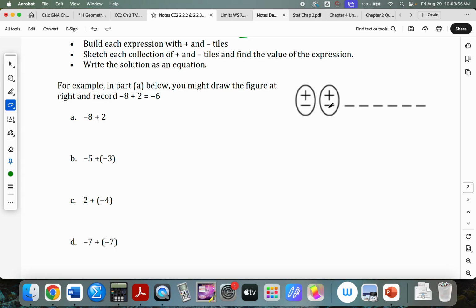And then they've circled these which zero each other out. So you're left with 6 negatives. So you're left with negative 6. Negative 8 plus 2 gives you negative 6. All right. Please go ahead and start building, drawing, and solving these.